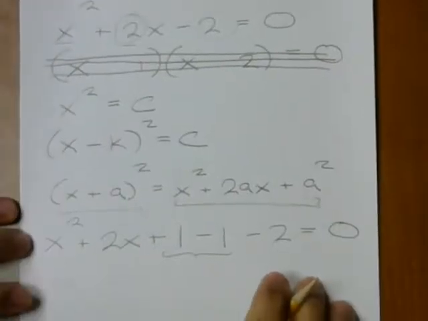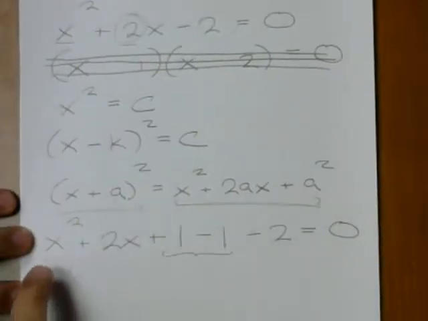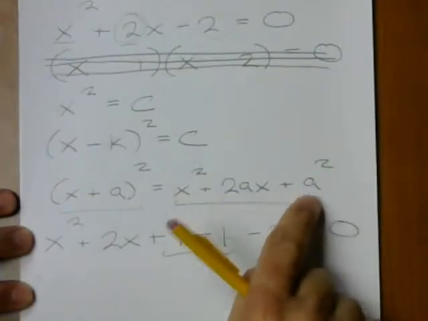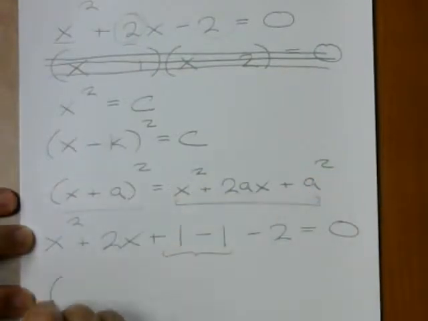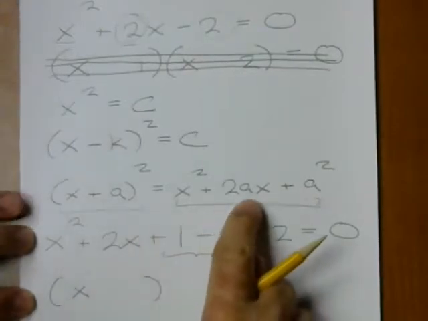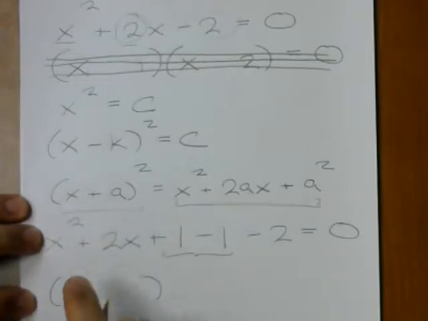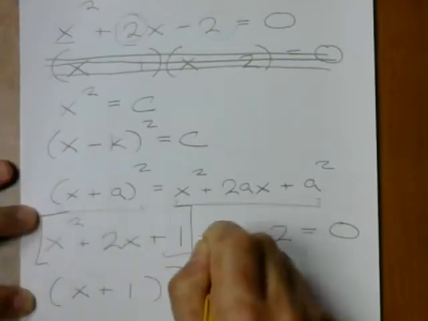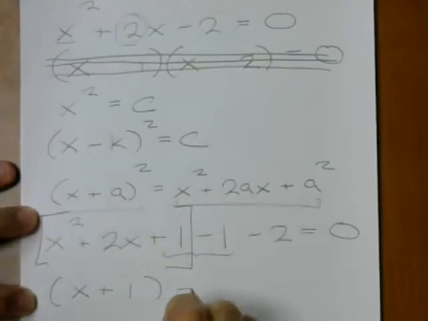So at this point, I can use my rule. I have something of the form x squared plus 2ax plus a squared. I group this together, and I get, well, what's my a? My a is 1, so I get x plus 1 from this part. And from this part, I get minus 3 equals 0.